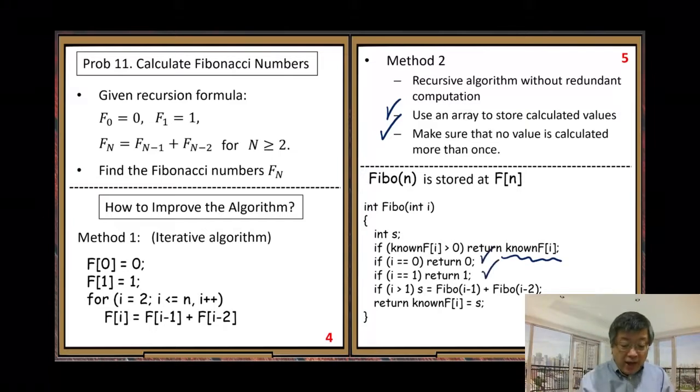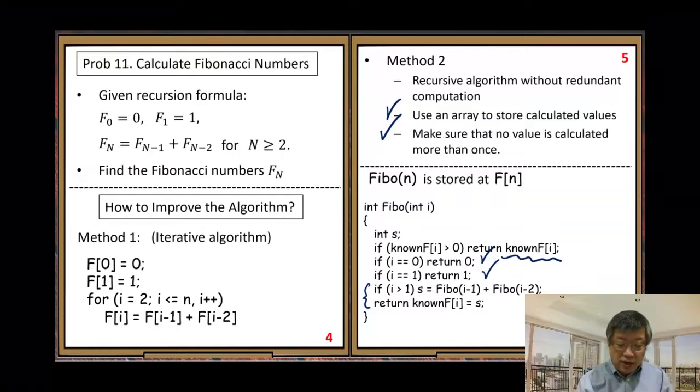Then the key part, these 2 lines, the main part. If I greater than 1, a new variable S equals fibo of I minus 1 plus fibo of I minus 2. Recursion.